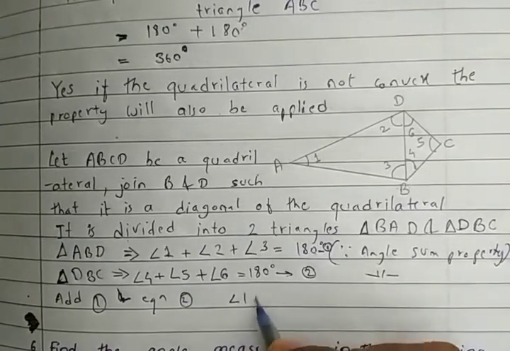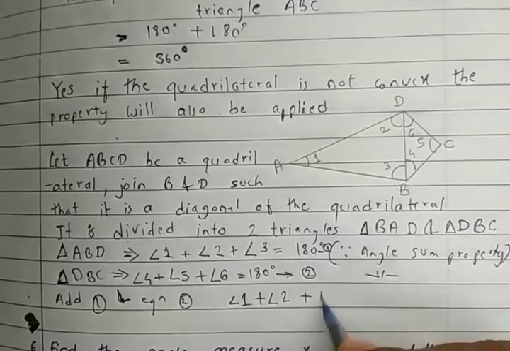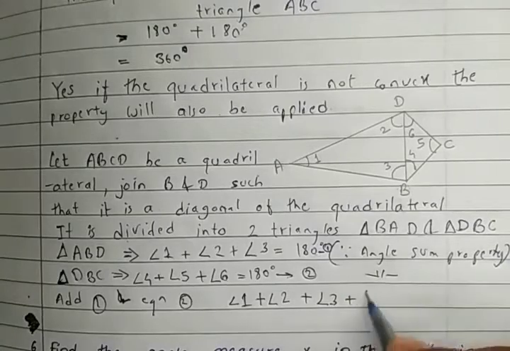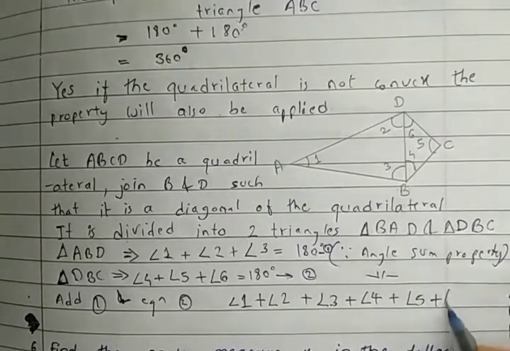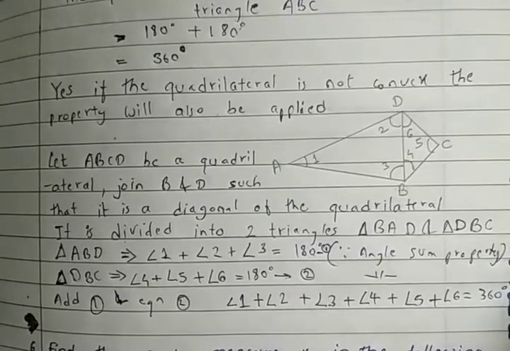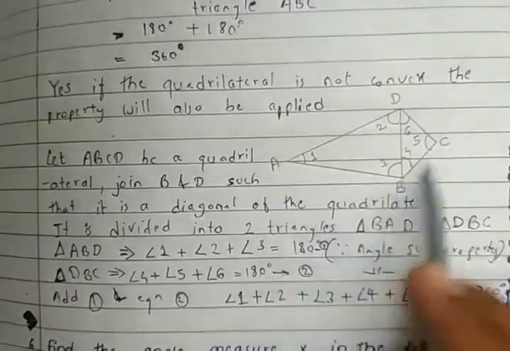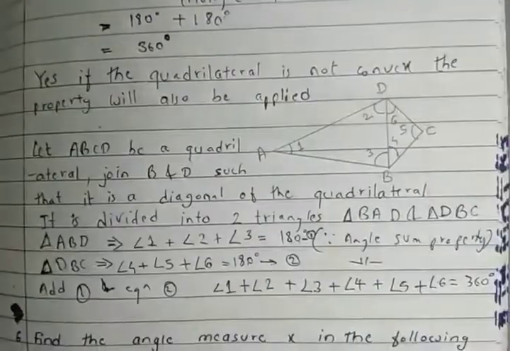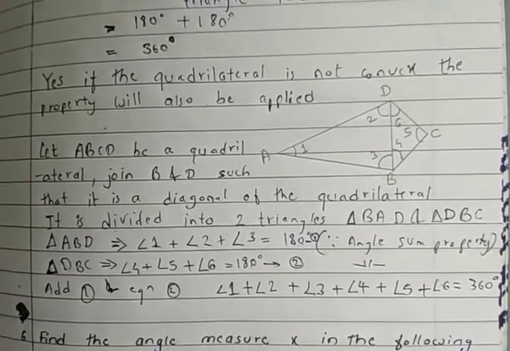We'll get angle 1 plus angle 2 plus angle 3 plus angle 4 plus angle 5 plus angle 6 equal to 360 degrees. 180 plus 180 is 360. So if you add all these, the sum of the angles will be 360 degrees. So it is proved.